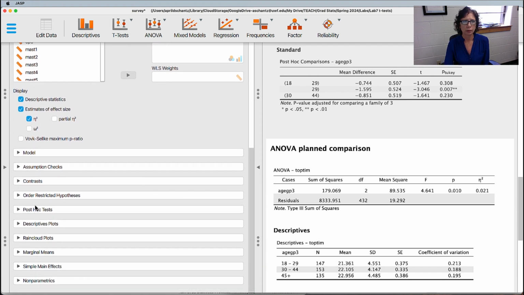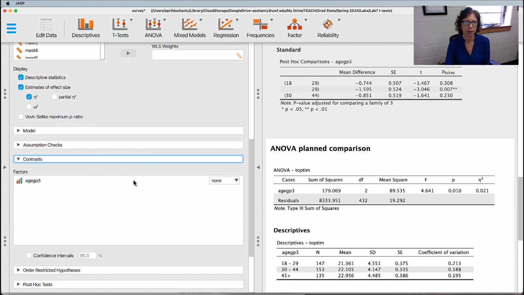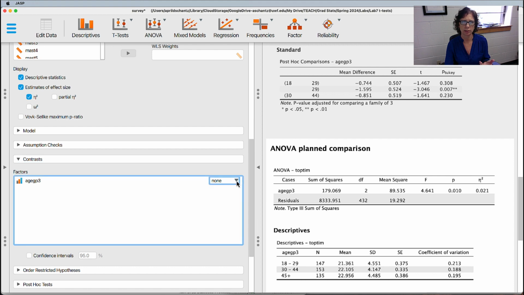So that's important to know. Okay, but we don't need Tukey. What we do need is contrast. So we're going to fold that down. And right now it says none. And we need to give it the contrast that we want to do. All of these are different ways of setting up contrast effects, but the one we're going to do is custom.